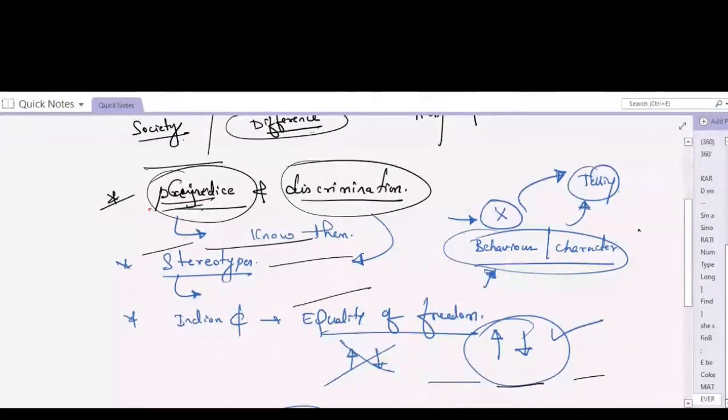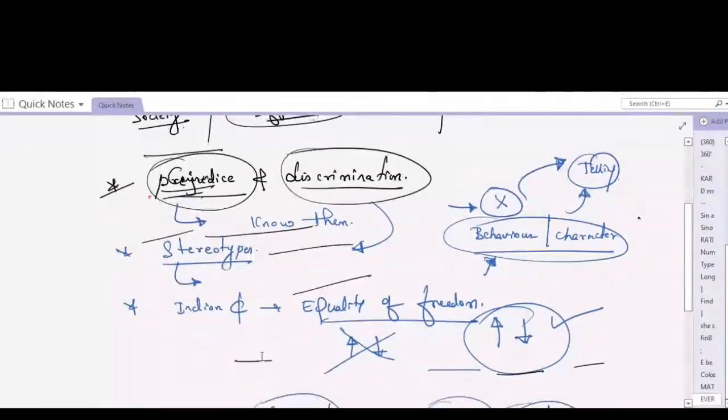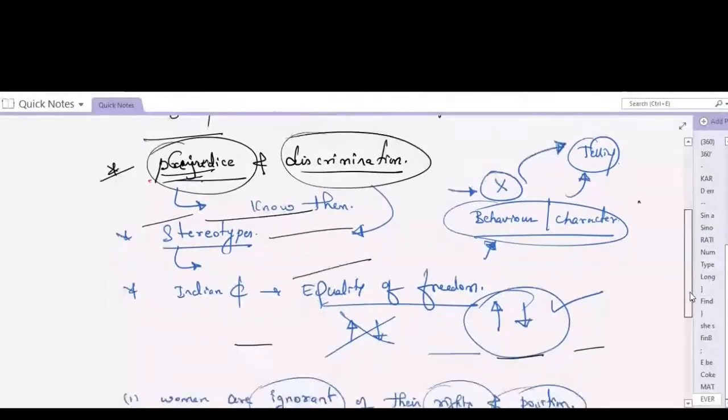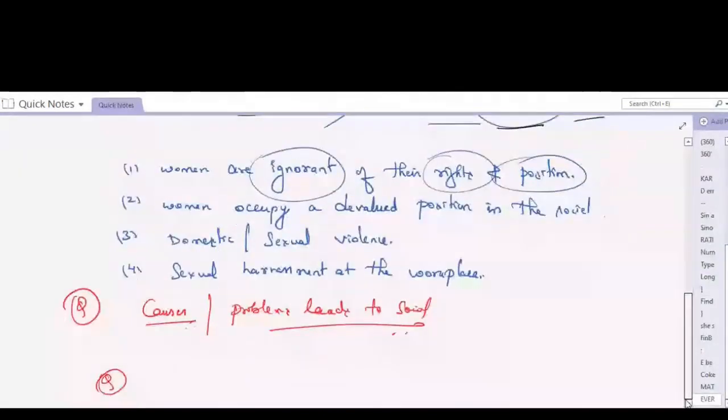Already what we discussed in the previous slide, you have seen the reasons. In such a way, you can expect any sort of questions, but the answer remains the same. Causes or problems that lead to social stratification.